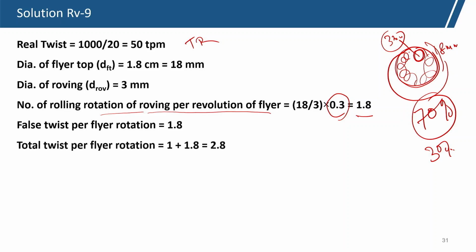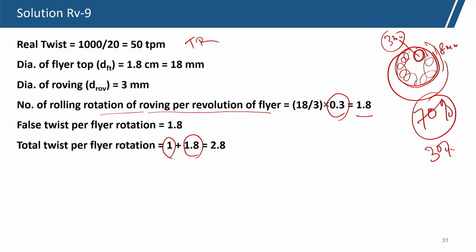That means, for the total twist per flare rotation, there will be one real twist and 1.8 twist as false twist. So, there will be a total of 2.8 twist per flare rotation.